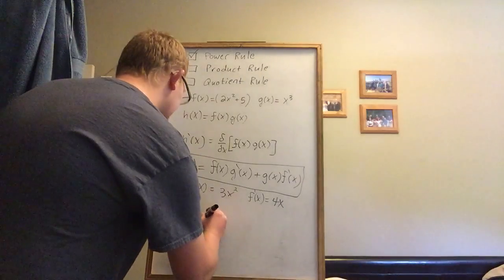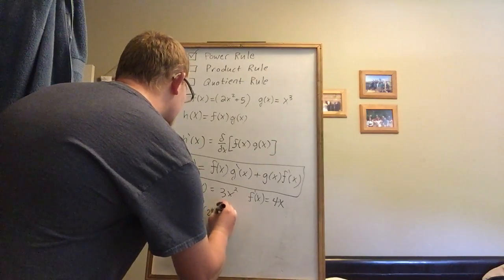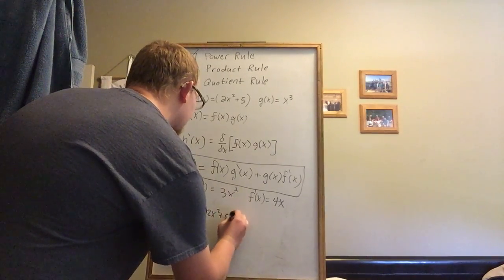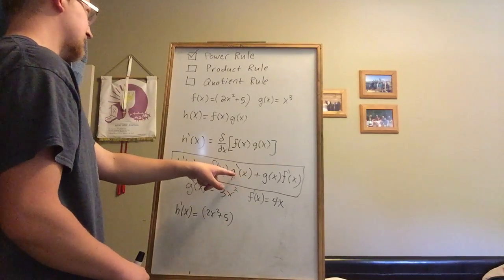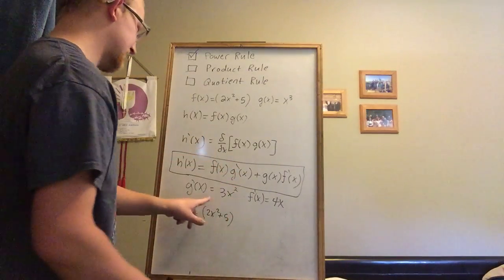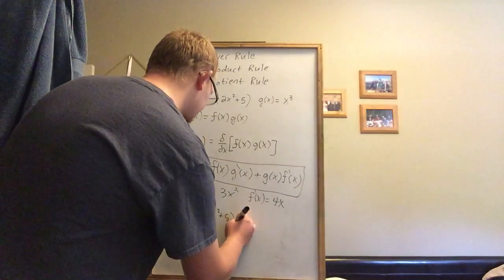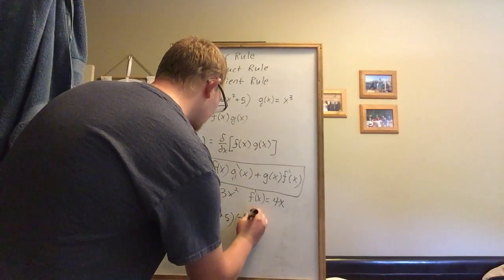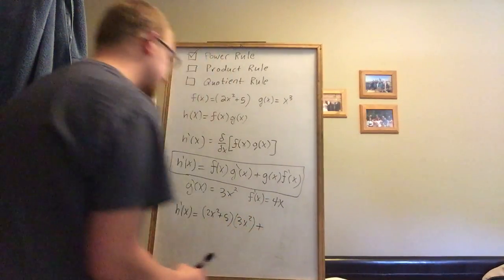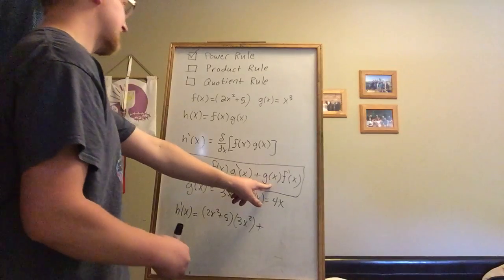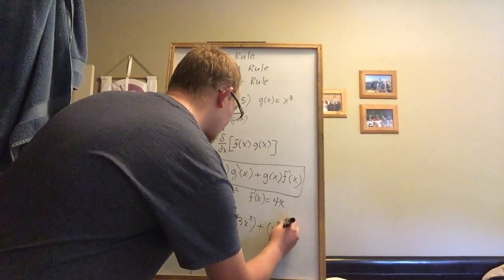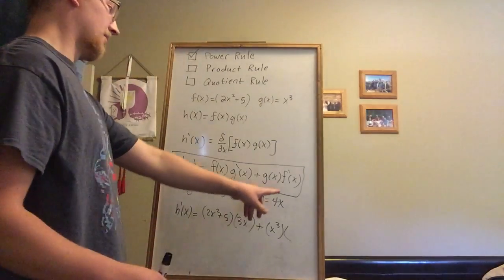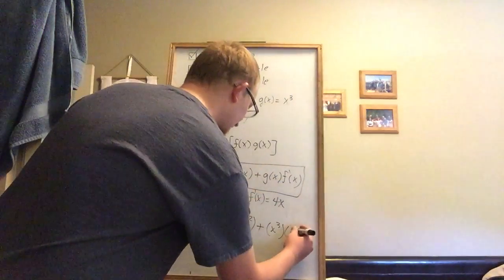The first thing's f of x, 2x squared plus 5, times g prime of x. G prime of x is down here, it's 3x squared, plus g of x, which is x cubed, times f prime of x, which is 4x.